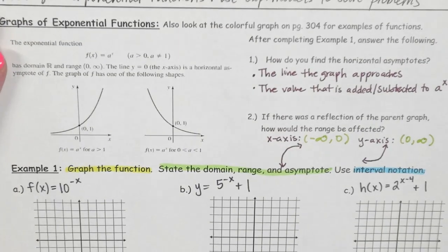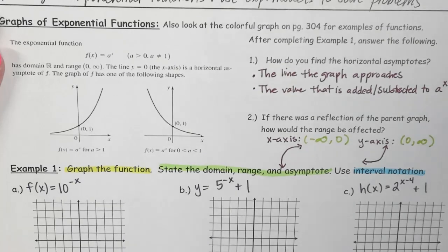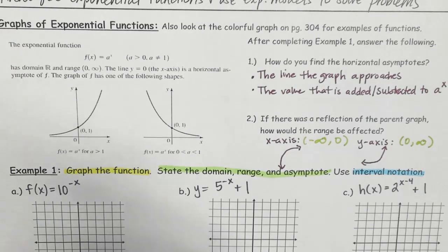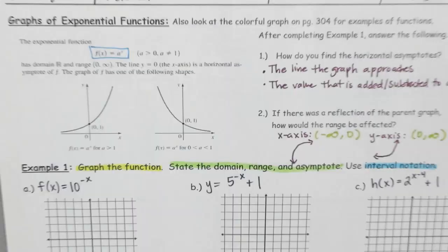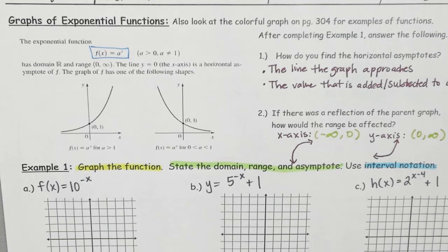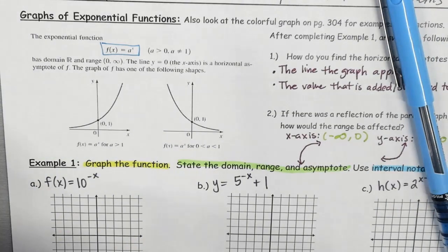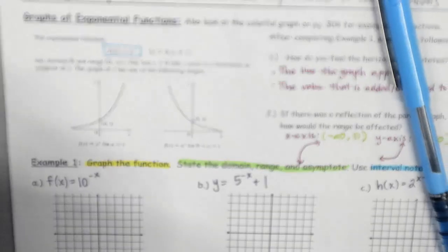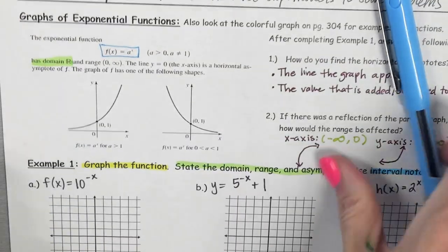Okay, so your exponential functions are going to have this form of f of x equals a to the x. Sometimes we're going to have another value that goes with it. Okay, right here in this information box, they tell you the domain is all real numbers.